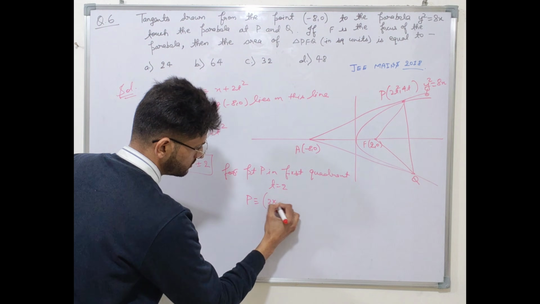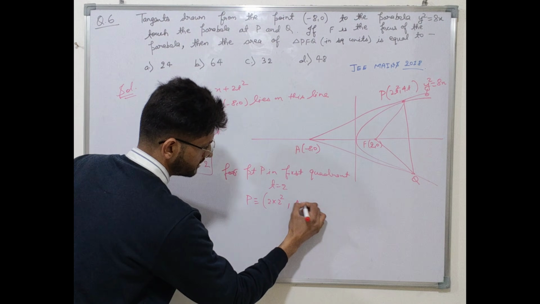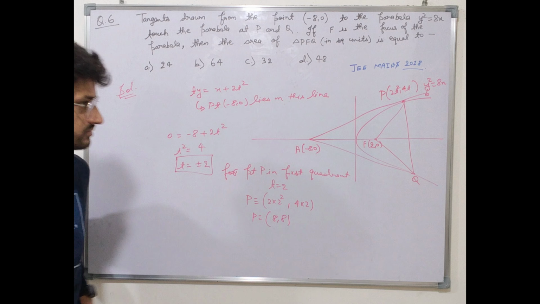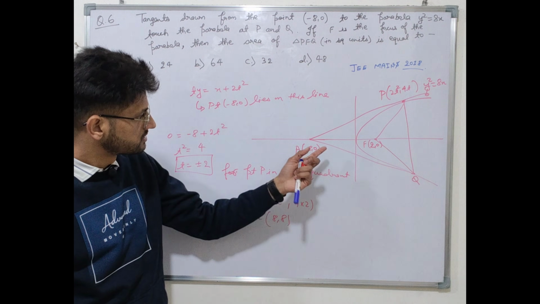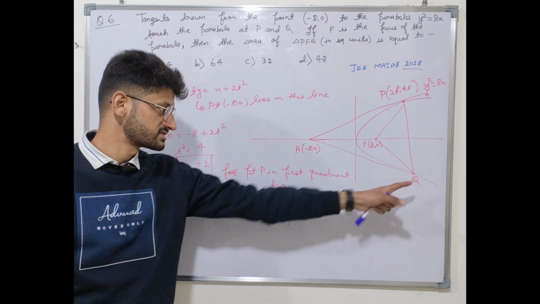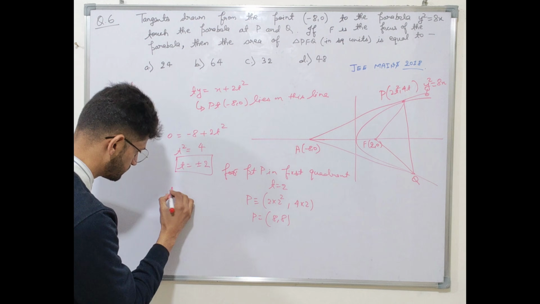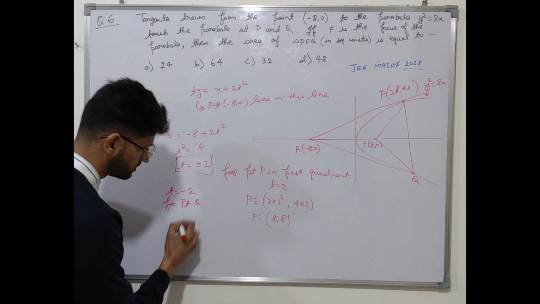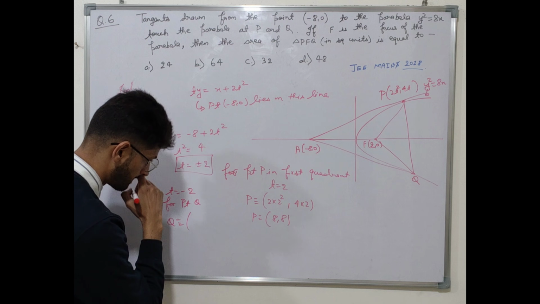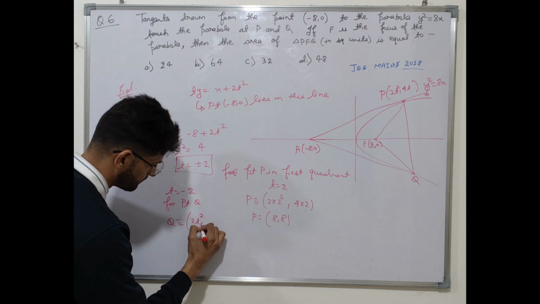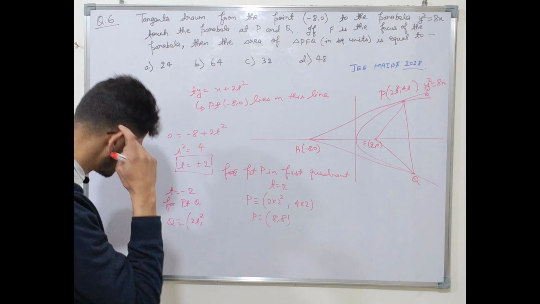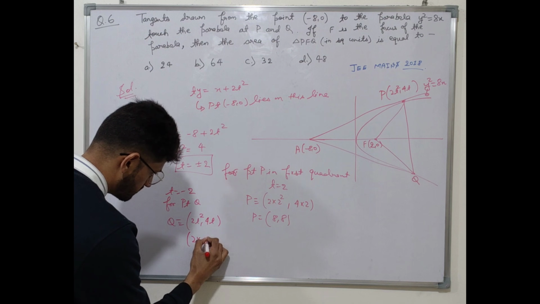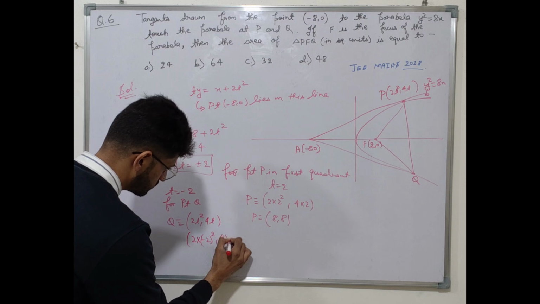Point P is (2t square, 4t) which becomes (8, 8). By symmetry we can also write the point Q as (8, -8), or else take t equals -2 for point Q. Q is (2t square, 4t), so 2 multiplied by (-2) whole square comma 4 into -2.